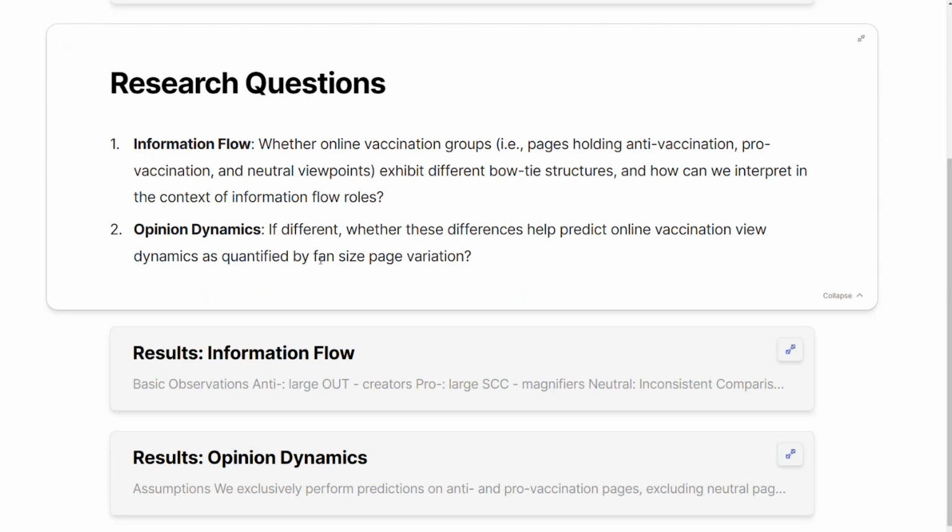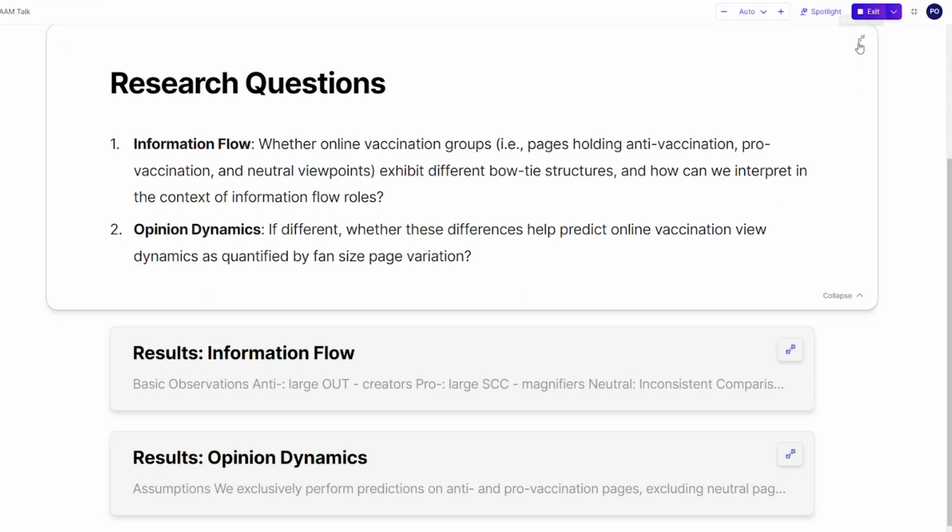On the other layer, because we are interested in fan size variations, we frame it as opinion dynamics: whether the differences captured by the bow tie structure can help predict online vaccination views, quantified by the fan size variation of pages.